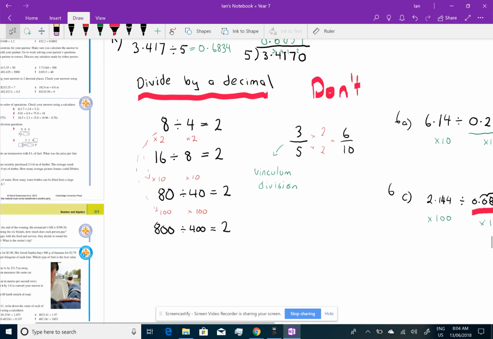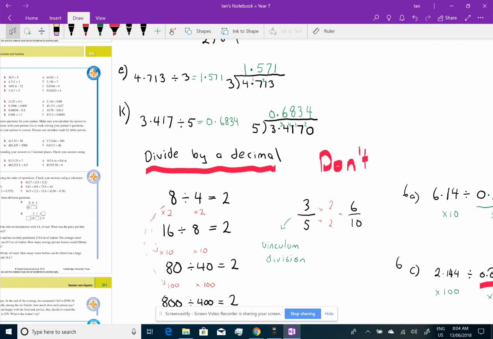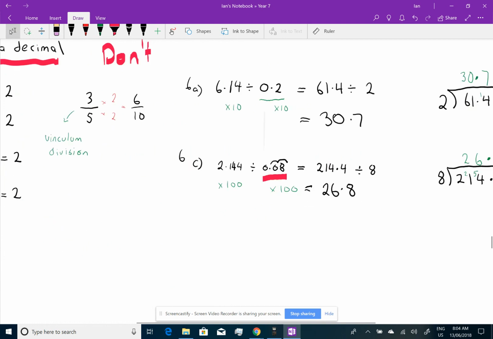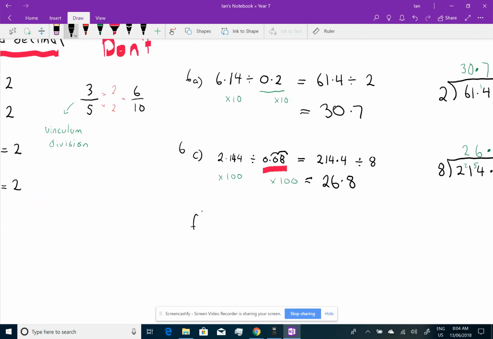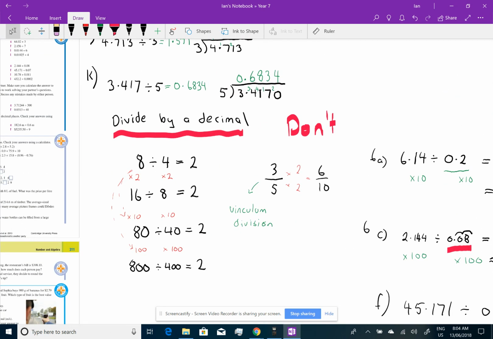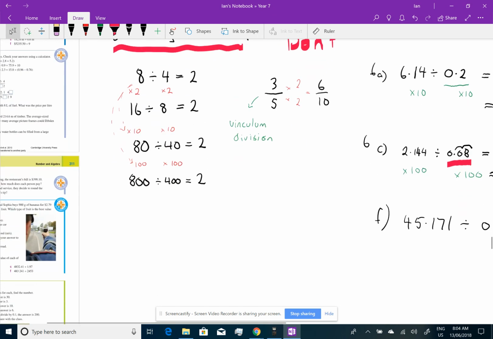I'm going to do one more and then you go off and have a go. So why don't I try 6F? You might like to have a go at it before I do it. It's a nasty one because it's a 7. So here's F. 45.171 divided by 0.007. Double check, make sure I've got the right answer.